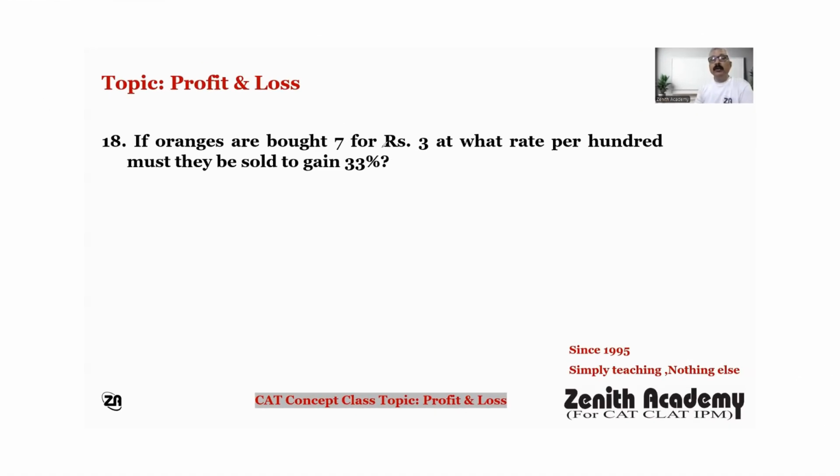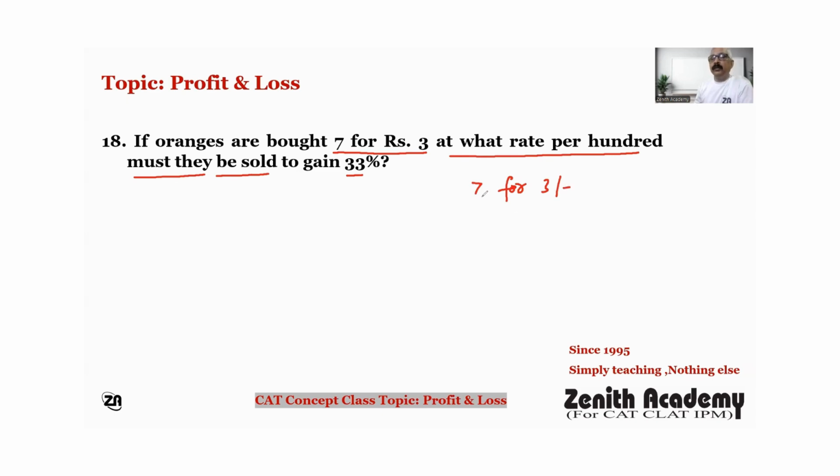If oranges are bought 7 for rupees 3, at what rate per 100 must they be sold to gain 33%? So look, as in the previous question, here the rate is given 7 for 3 rupees.